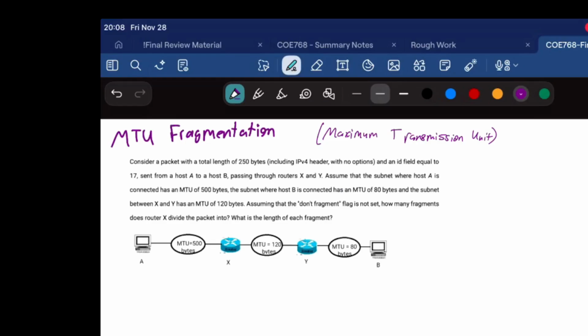That's the MTU for devices communicating with one another. For devices communicating with a router, it's usually 500. For routers communicating, it's a little bit less, around 120, and it can differ between network to network. So this network is communicating at a much lower MTU than this network.